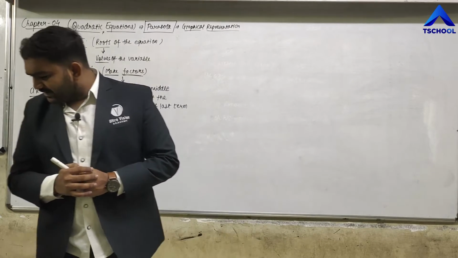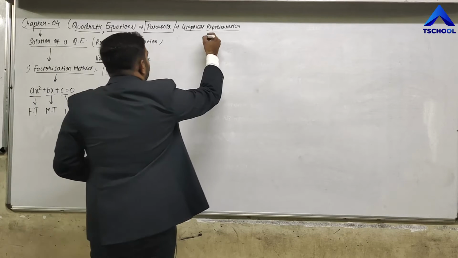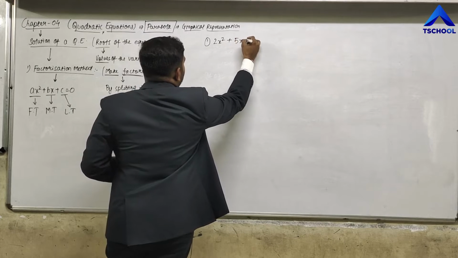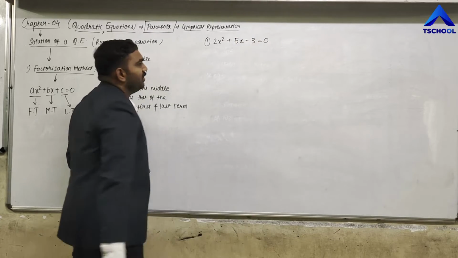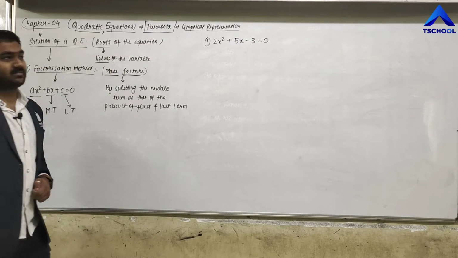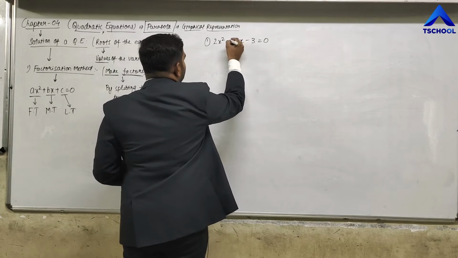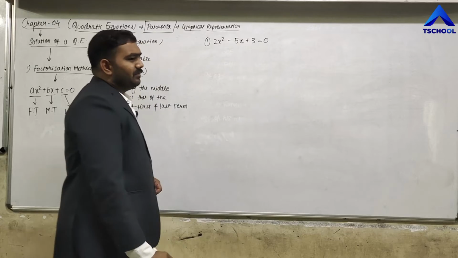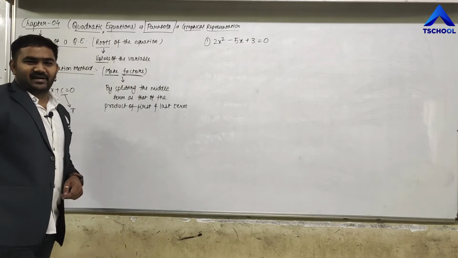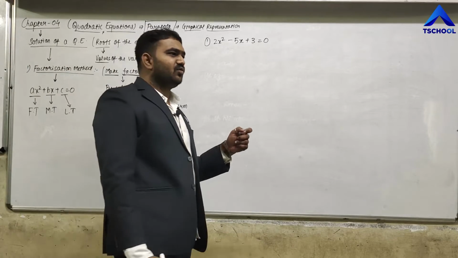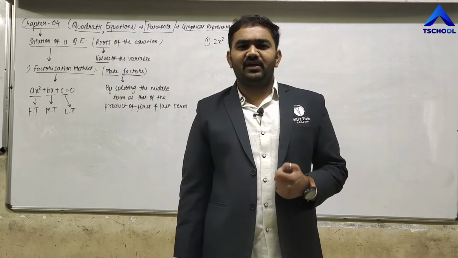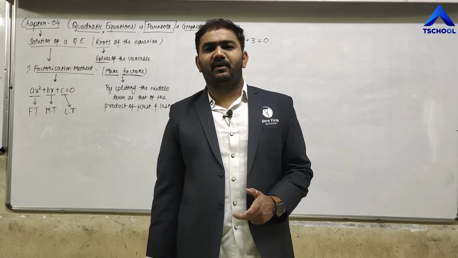So let me take an example, that is 2x square plus 5x minus 3 is equal to 0. This is the first example I am having. Sorry, I made a mistake here by the sign. So friends, make a note that while writing down the question from the textbook or from the paper in the examination, make sure that you are writing the question perfectly as given.